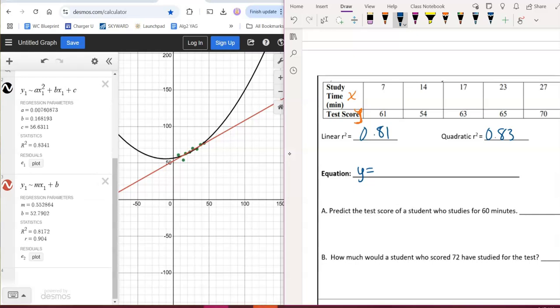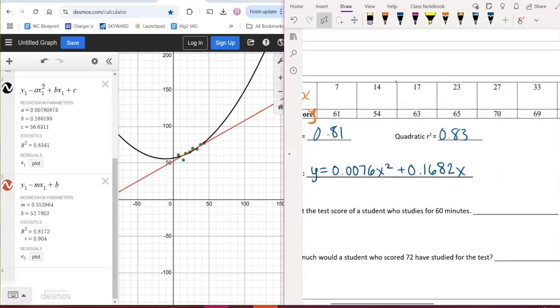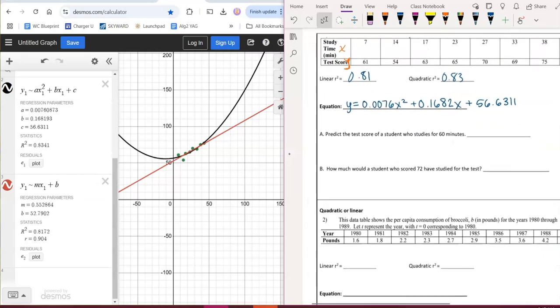Our a value is 0.0076, 0.0076 x squared plus bx. B is 0.168. We'll round it to 2, x. And then plus your c value. So there's our quadratic equation.